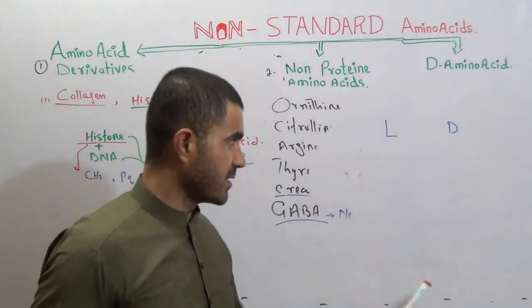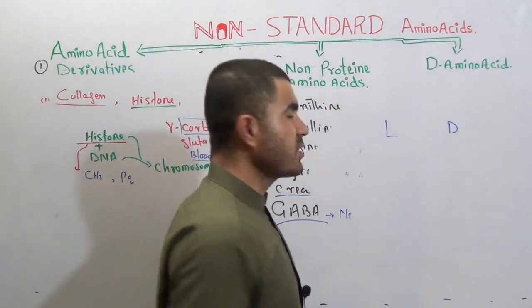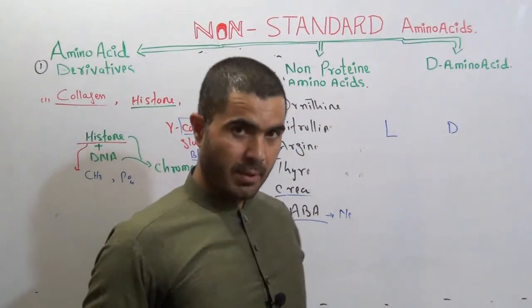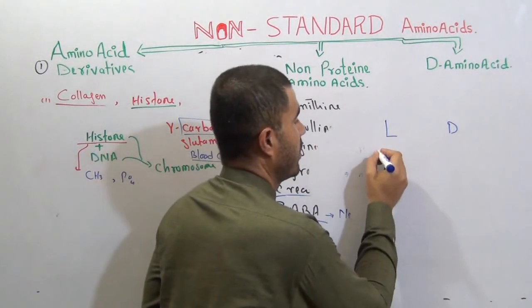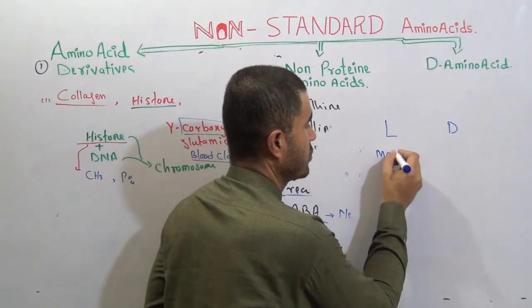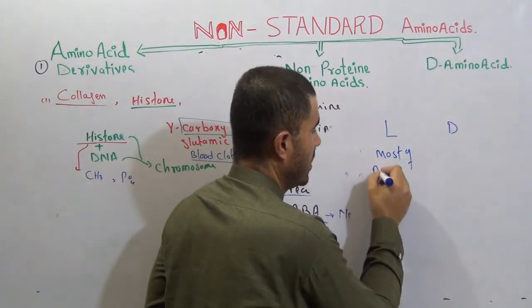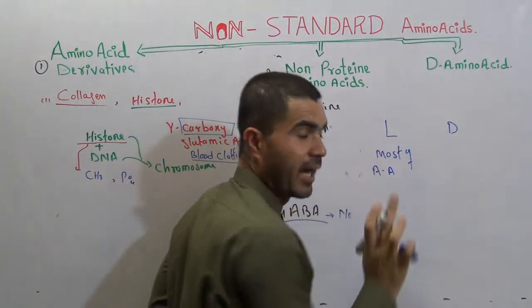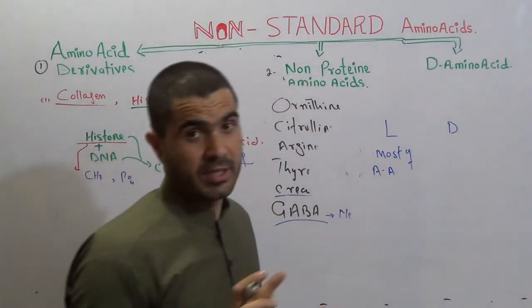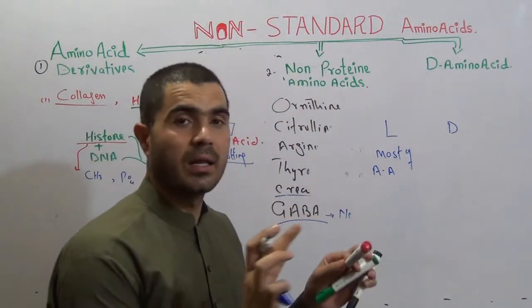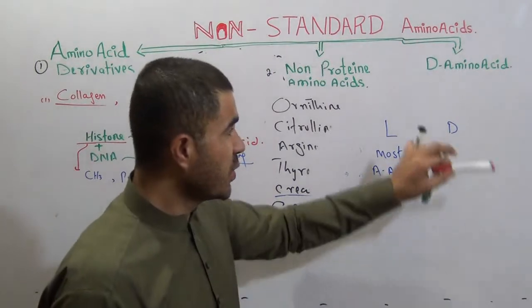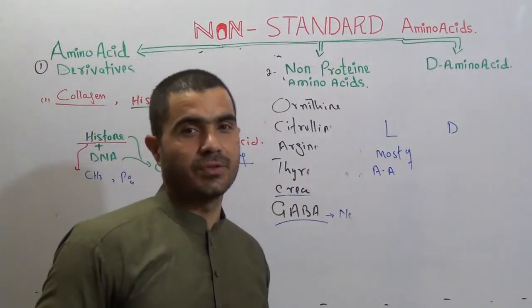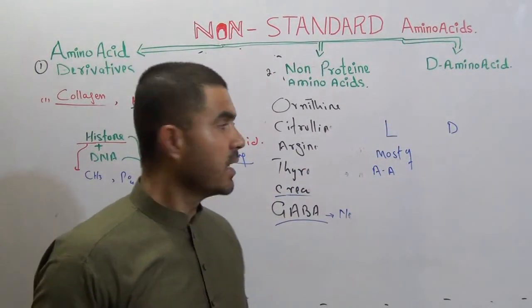We have already discussed this. Most of the amino acids present in our body are in the L form. But there are some amino acids which are in D configuration. They are D amino acids.